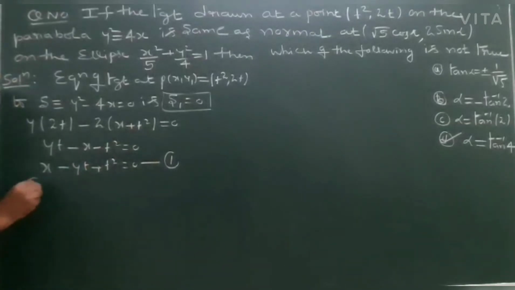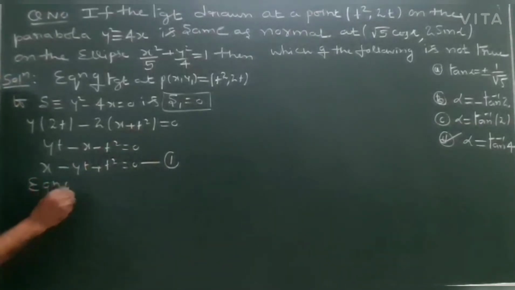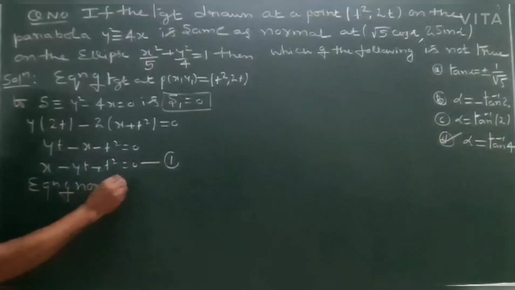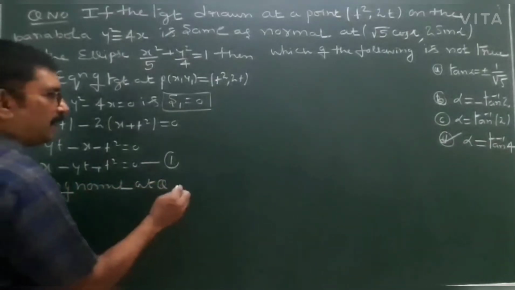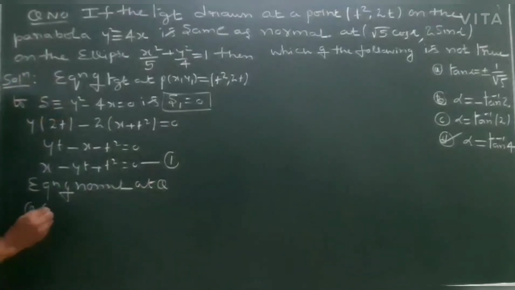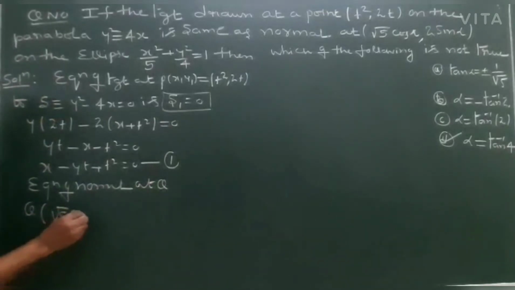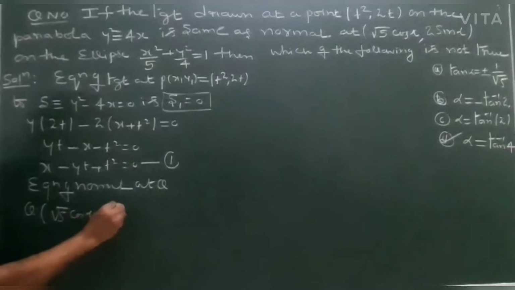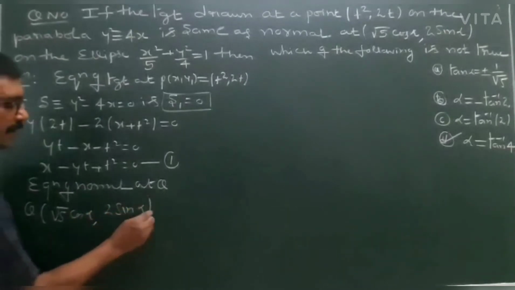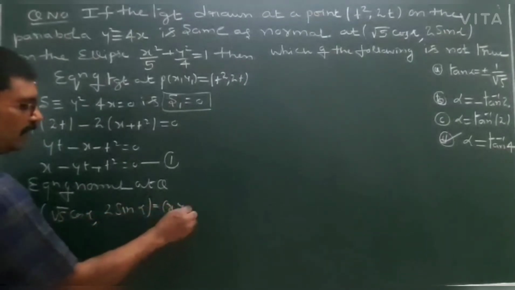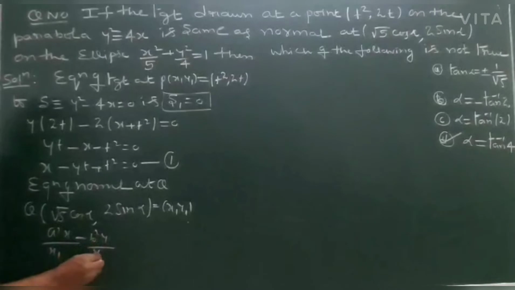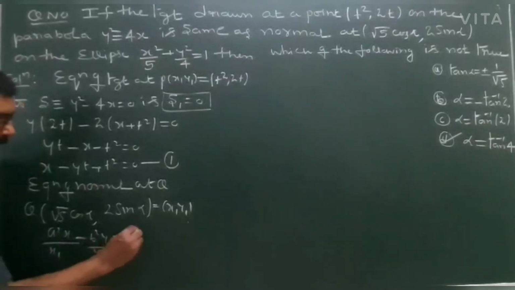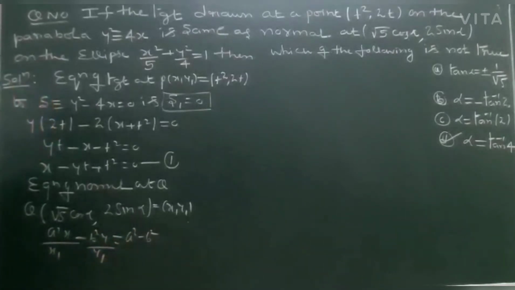Similarly, the equation of the normal at Q(root 5 cos alpha, 2 sin alpha), if you want, you can type this as (x1, y1), is given by a square x by x1 minus b square y by y1 equal to a square minus b square, right?